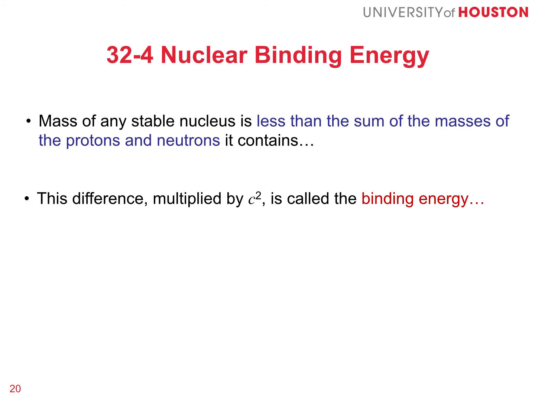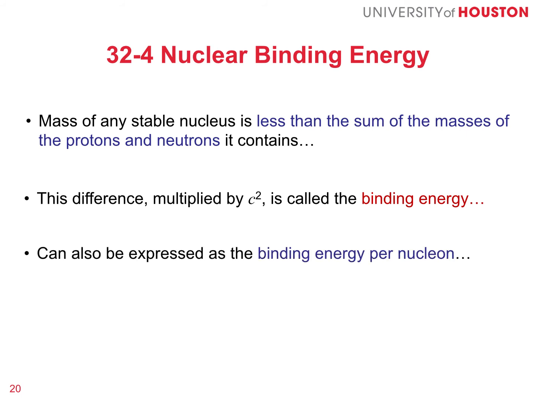We have to increase its mass, and the only way we can do that is to give it energy, from Einstein's equations of relativity. We can also express the binding energy in terms of the binding energy per nucleon, which is a measure of the mass reduction of the individual nucleons in the nucleus.